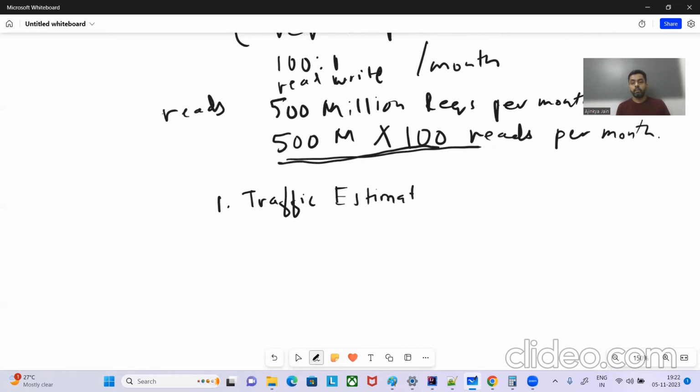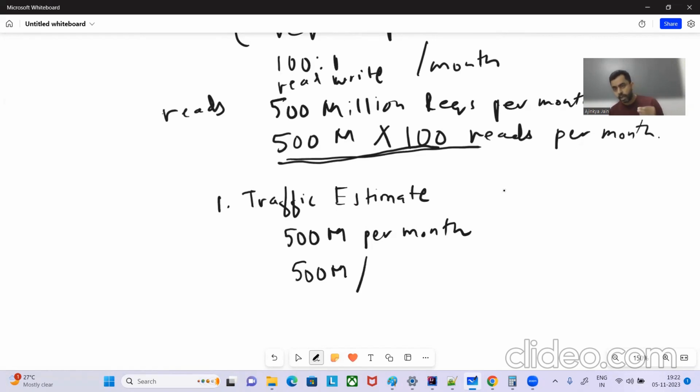If it is 500 million URL shortening requests per month, then what per second traffic are we expecting? We always have to calculate, whatever the traffic or scale estimate, per second. What would be the per second estimate?